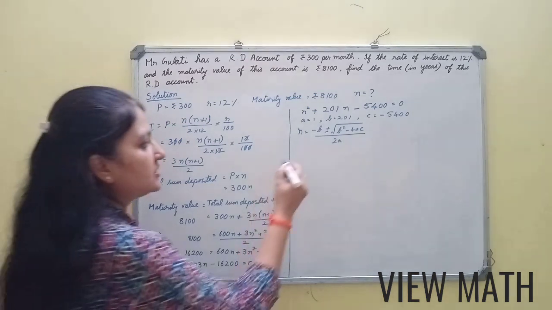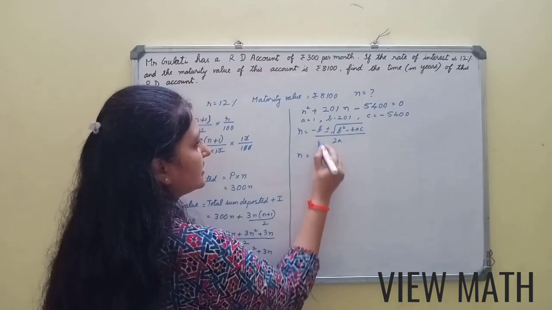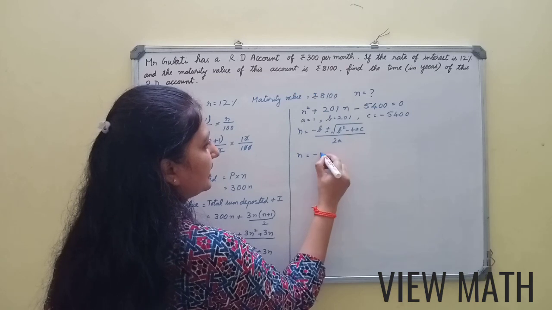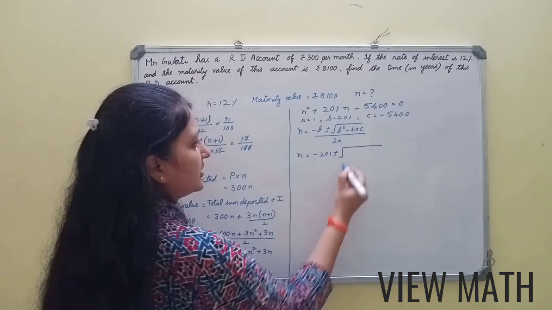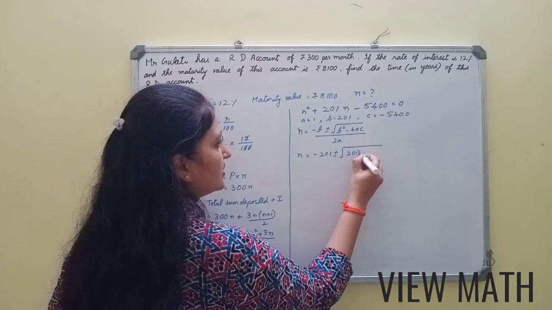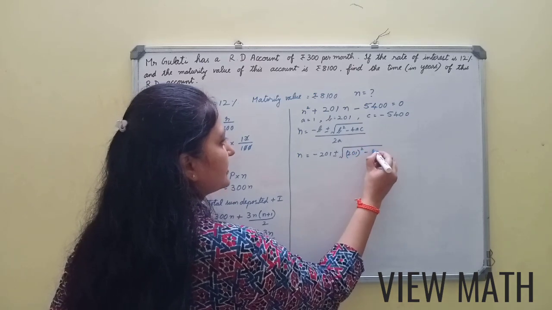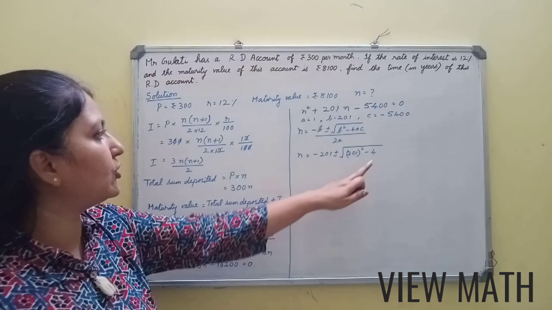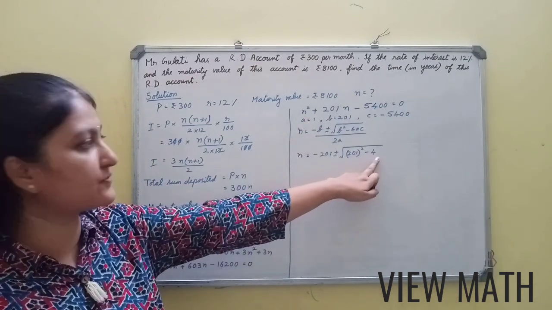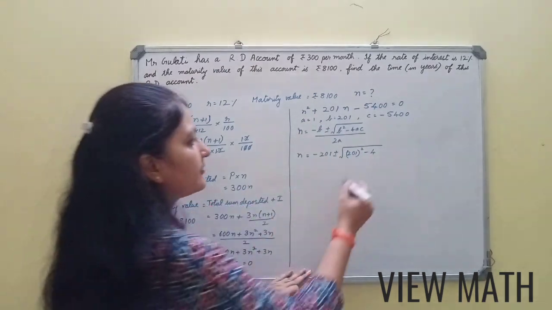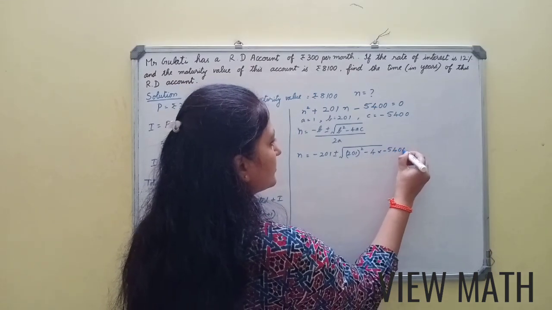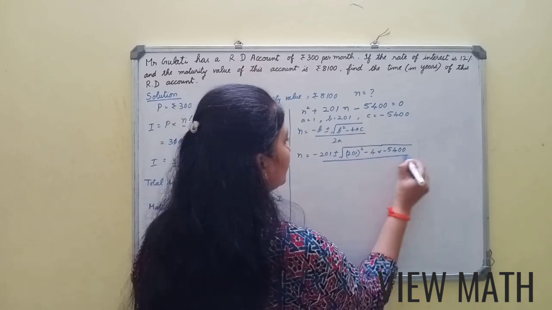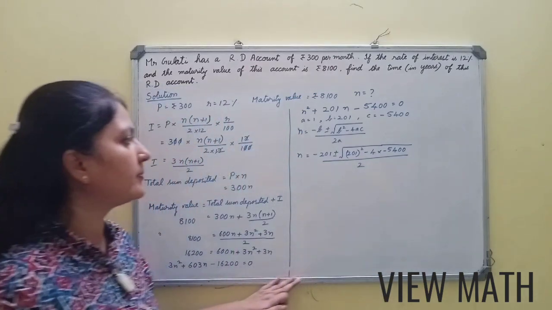So let me substitute it. n is equal to minus b, minus 201, plus or minus square root of b square, 201 the whole square, minus 4ac. 4a is 1, 4 into 1 is 4 into c, minus 5,400, by 2a. 2 into 1 is 2.